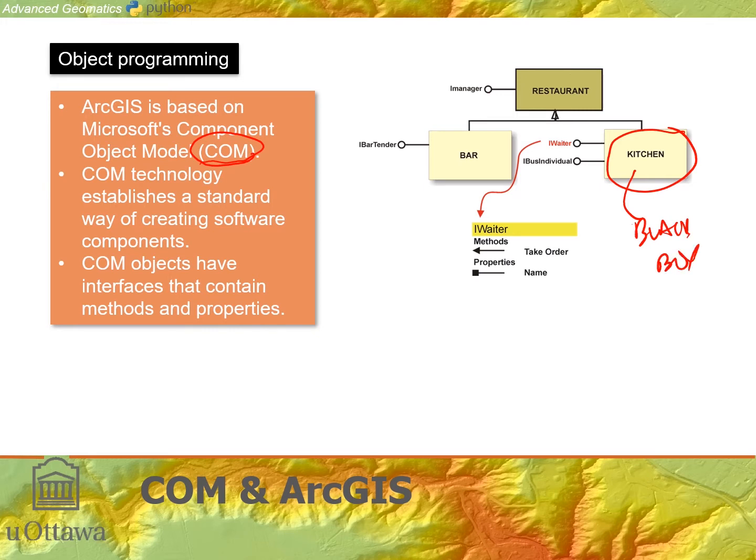If we want to get something from the kitchen, we can interface through a waiter. The waiter can then ask the kitchen to do certain things. For example, the waiter can take an order. That's an actionable thing the waiter does, and that's called a method. So it would be something like this, iWaiter dot take order.